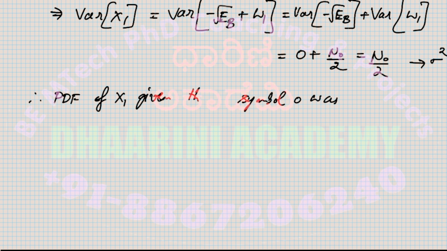Conditional PDF is nothing but, right, I have to write the f of x1 function, correct? So how do you write that? Let's write in this way.